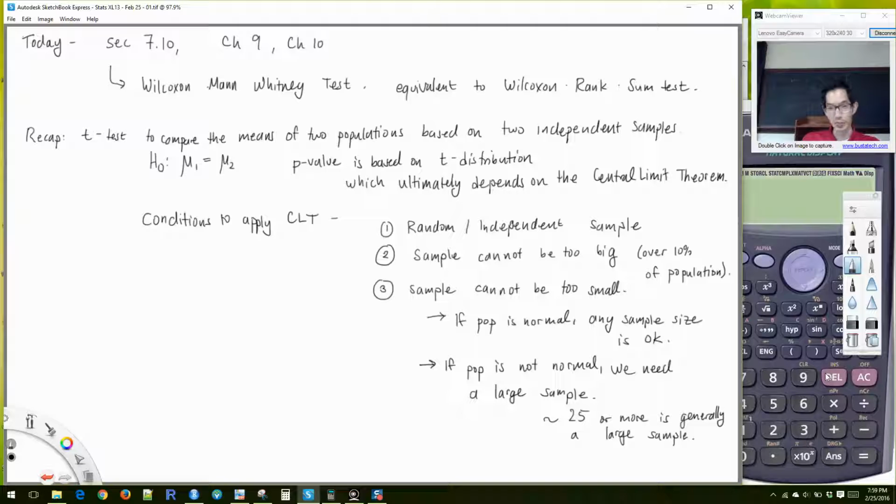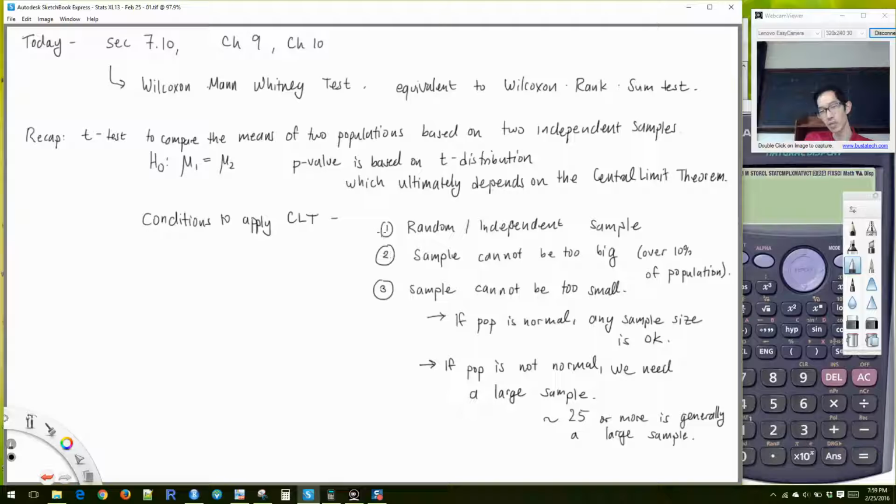Okay, so there's a question: what if we wanted to do something like a t-test where we want to compare two independent samples, but these conditions are violated, so we can't apply the central limit theorem? So the Wilcoxon Mann-Whitney kind of answers what we can do if condition 3 is violated.